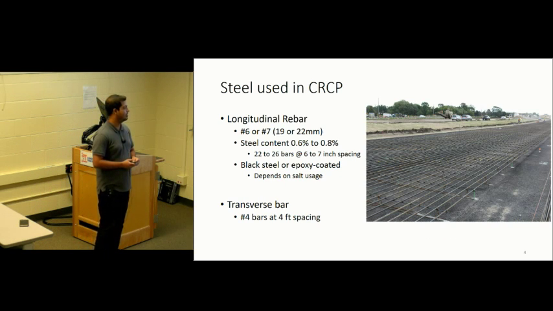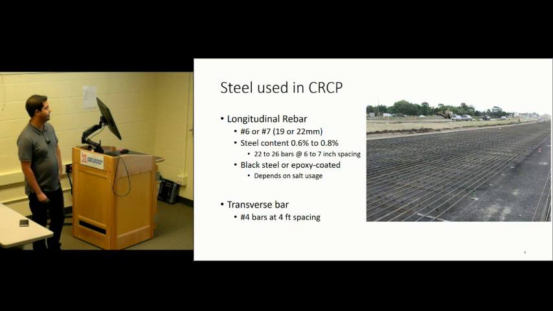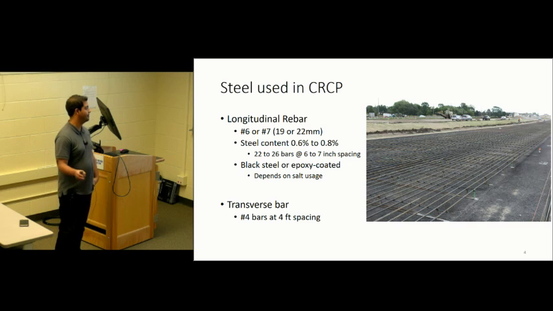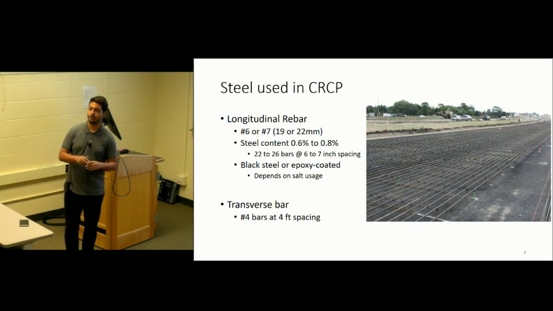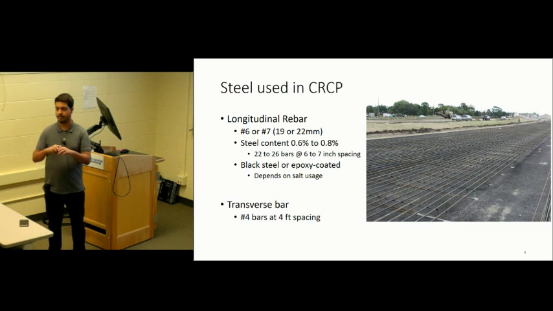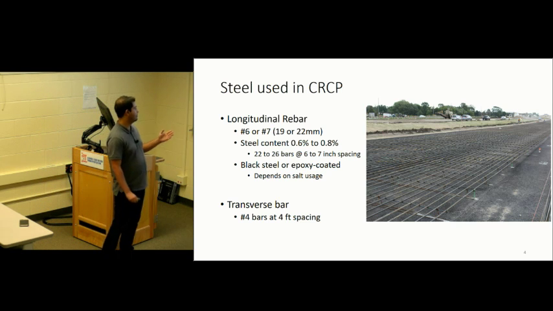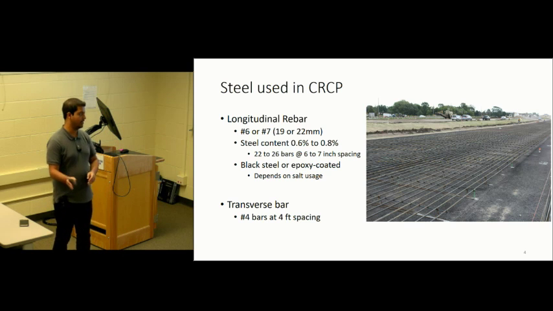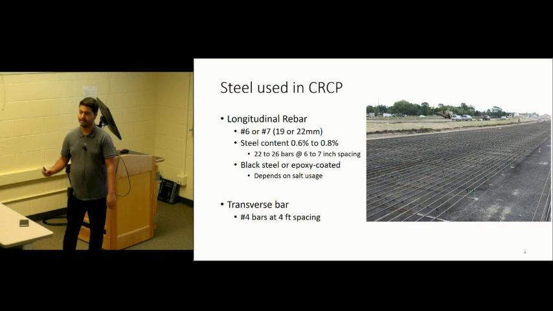So there is a lot of steel used in CRCP, and the longitudinal reinforcement bar size goes from number 6 bar to number 7 bar, depending upon how much reinforcement we want. We usually go from 0.6% to 0.8% of the cross-section area. The steel content is that much. So that would mean that we have around 22 to 26 longitudinal steel rebars at 6 to 7 inches spacing in a lane.